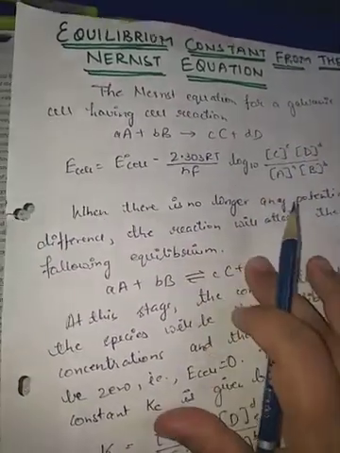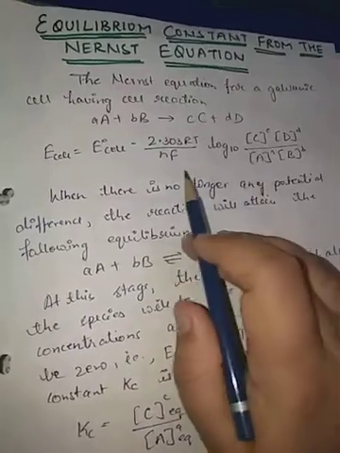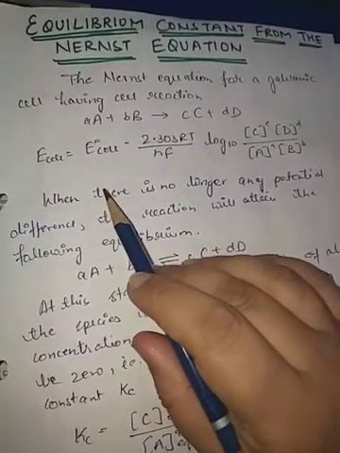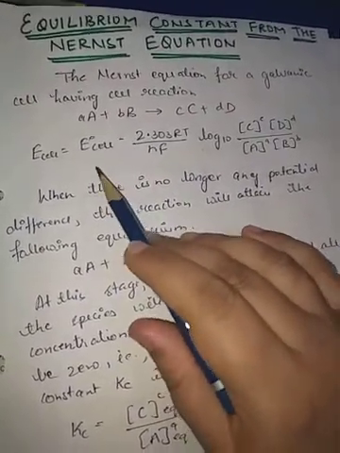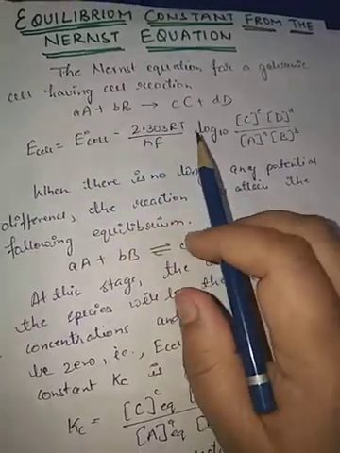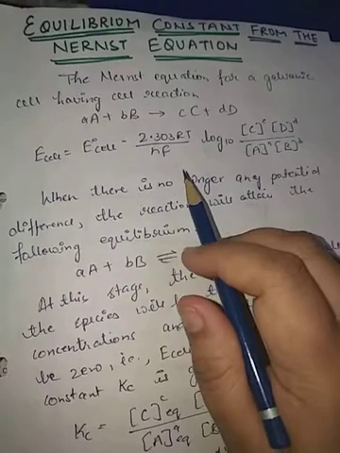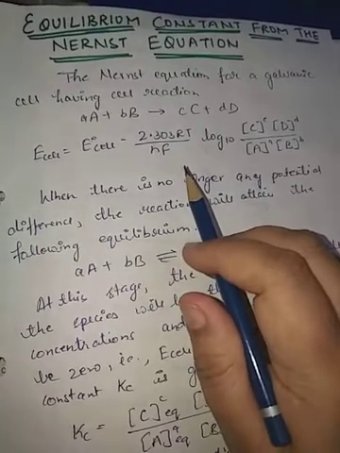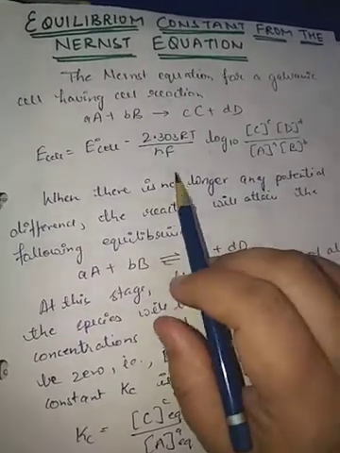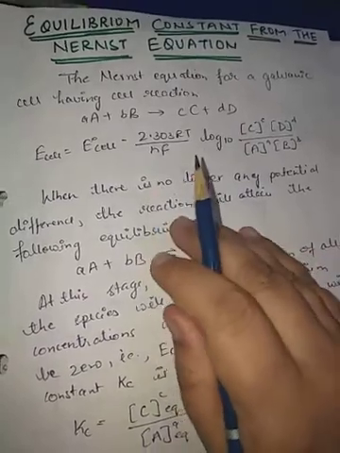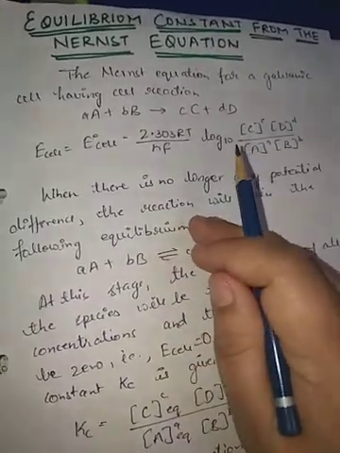See what will happen. When the reaction starts, the electrons will flow from the anode towards the cathode and the reaction will take place. After some time, we will see that no flow of electrons takes place.